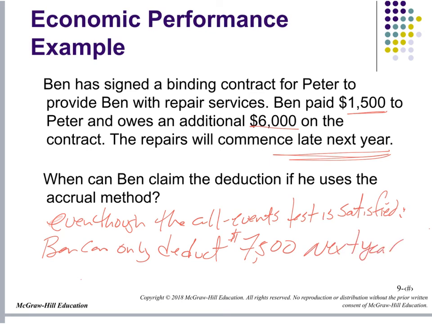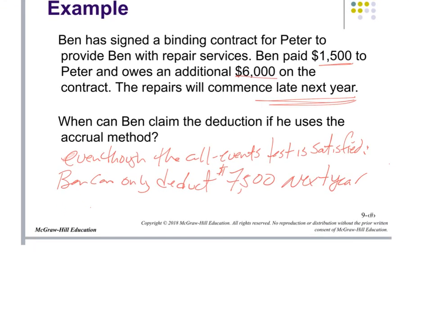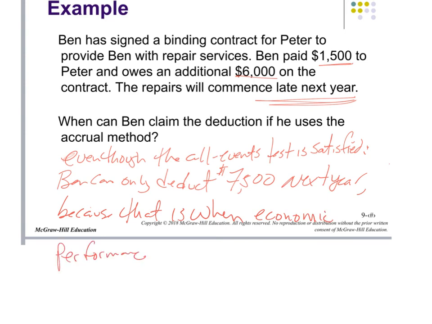All right. And why is that? Because even though you've got the all events test satisfied, you also have to have economic performance. And he can only deduct $7,500 next year because that is when economic performance will occur. Okay? Because it says the repairs will commence late next year.